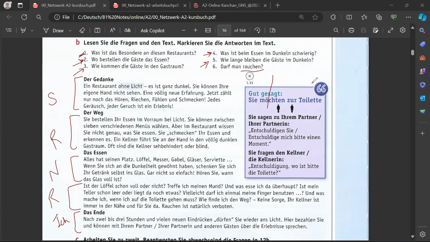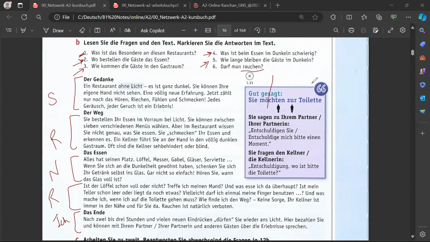Sie bestellen Ihr Essen im Vorraum, noch bei Licht. You order your food in the anteroom. Sie können zwischen 7 verschiedenen Menüs wählen.